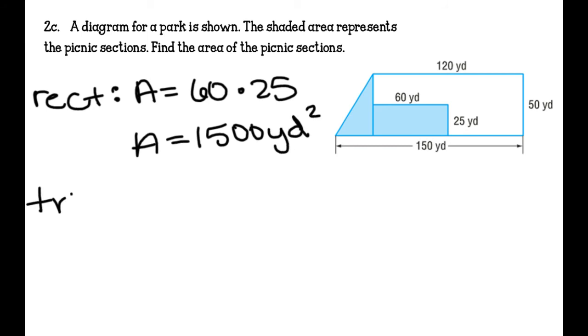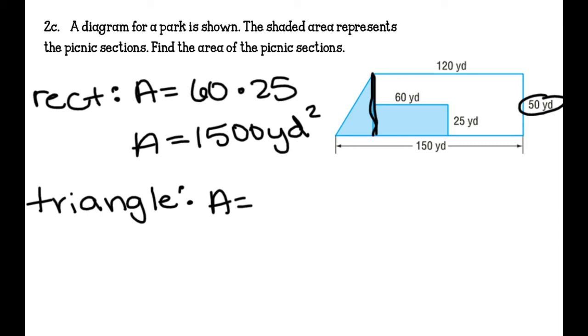Then I'm going to do the area of the triangle. I know that the height of my triangle is 50, and I get that from right here. That's the same height. Since this whole thing is 150, and up here it's 120, I know that what I'm left with is 30, because 150 minus 120 is 30.